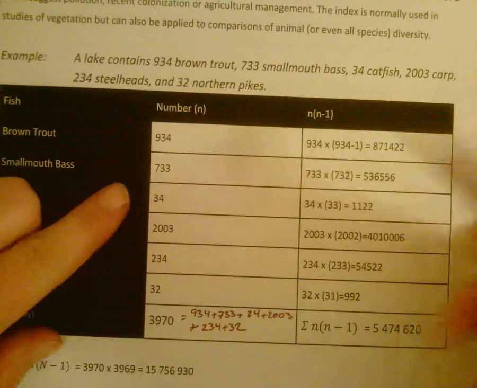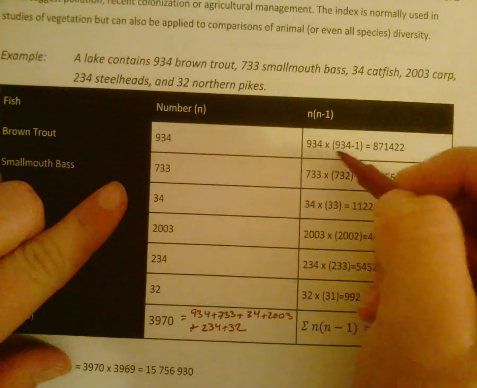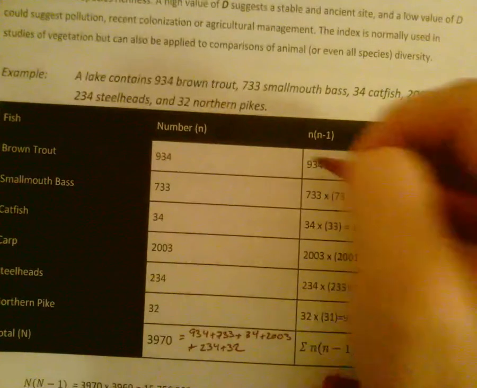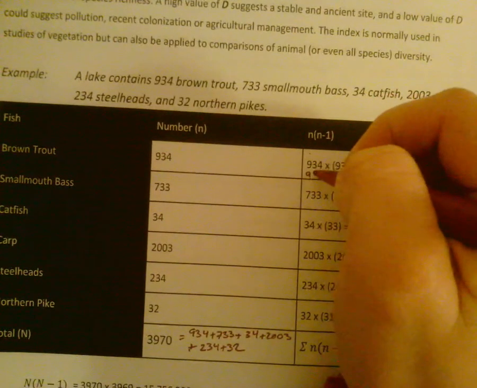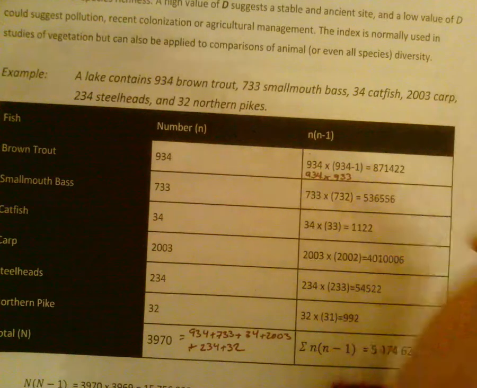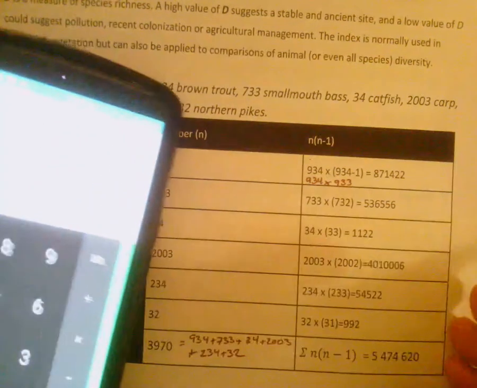So to set it up, all you're doing is you're taking 934 times 934 minus 1. So of course, really we're just taking 934 times 933. So you don't need to do it on scratch paper. Just pull out your calculator.